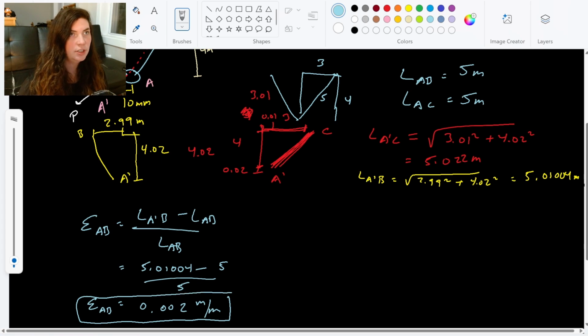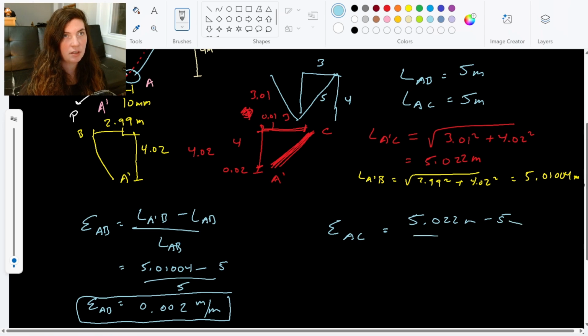Right, easy enough. You could probably figure out this next one on your own, right? The strain of AC. Go ahead and do that, compare to mine. 5.022 meters minus 5 all over 5. Punch that into our calculator. We get the strain of wire AC is 0.0044 meters per meter.